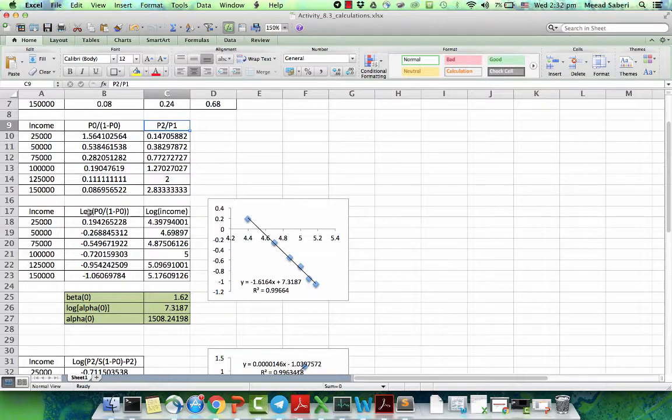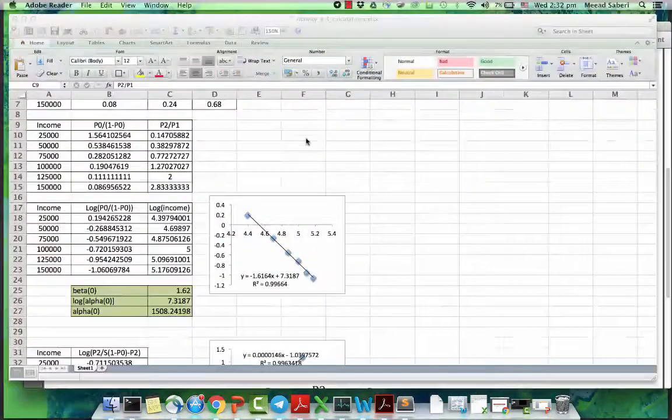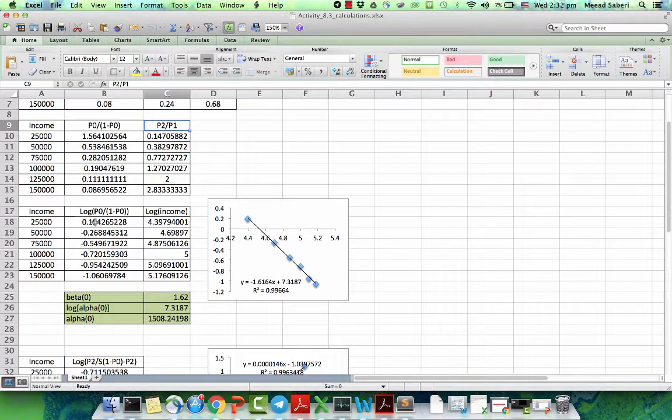So from there, to actually estimate the left side of this equation, which is my y value in the linear regression, I need to take the logarithm of P0 over 1 minus P0. So here I'm looking at the logarithm of P0 over 1 minus P0, and I calculate that. I also calculate the logarithm of income.